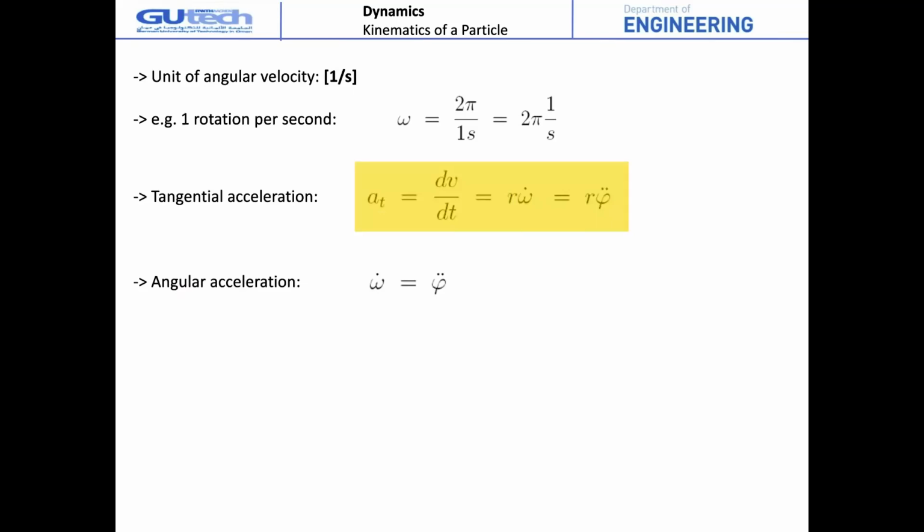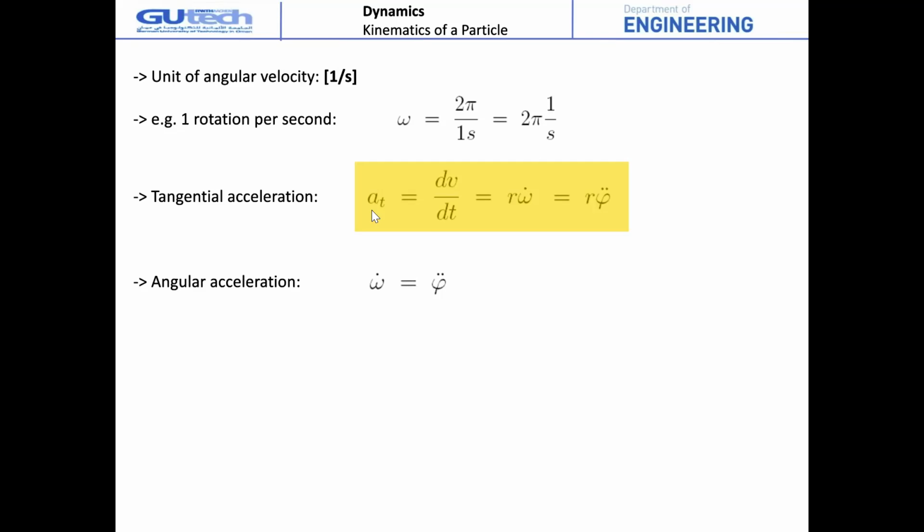The unit of this angular velocity omega is rotations per second. If the whole circle rotates 360 degrees, in radians 2 pi, then we get omega as 2 pi radians per second.